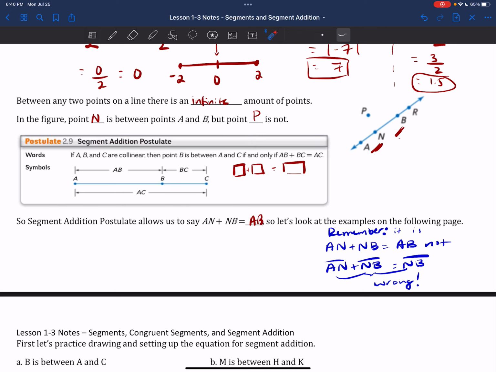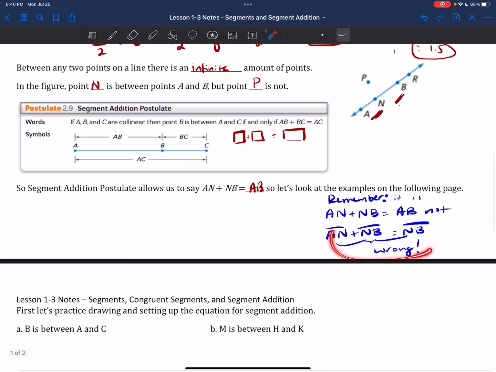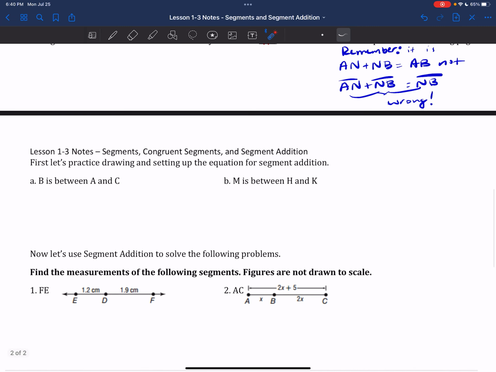Notice that I'm not putting the line bar here because I'm calculating, so the line is just out of the picture, but it's still a segment. We don't write the bar over it; we only write that when no numbers are involved. Okay.